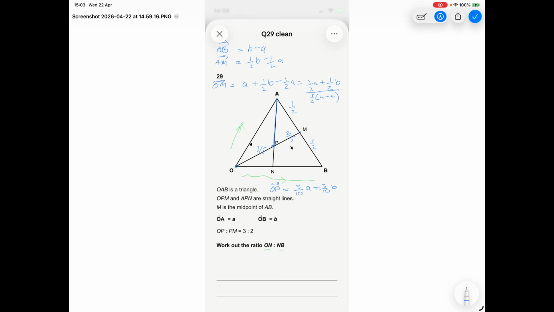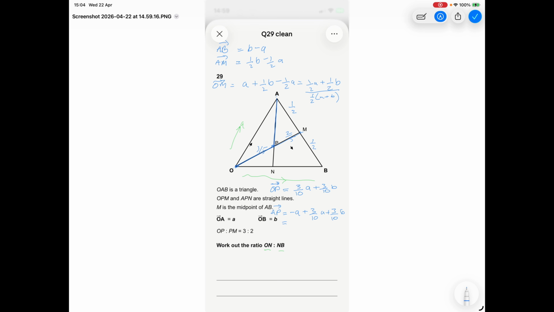Okay, now we need to know what AP equals. So far we found out what this bit is, what this bit is, we know what that bit is, we know what AM is. So let's find out what AP equals. AP is going to equal either A to M to P or A to O to P. I'm going to do A to O, which is minus a, plus 3/10 a plus 3/10 b.